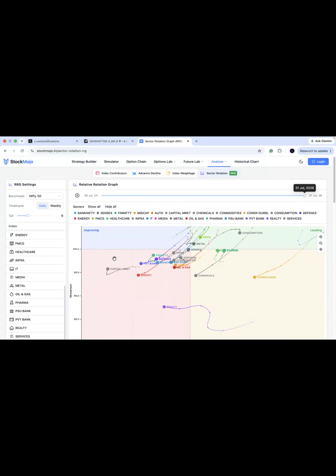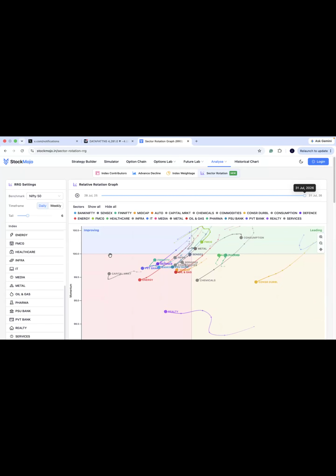The buy signal will occur when the stock goes above the 100 mark, where the relative strength is also improving, where the momentum is also improving. So the direction will help you in identifying that both the momentum and relative strength are improving. Now it is a time to get into this particular stock or a particular sector itself.